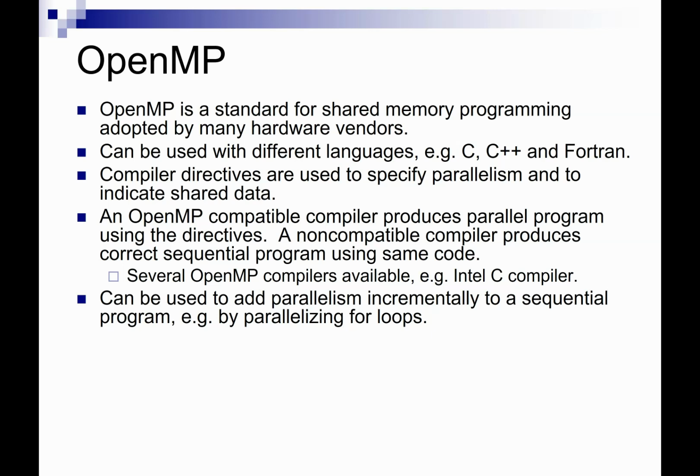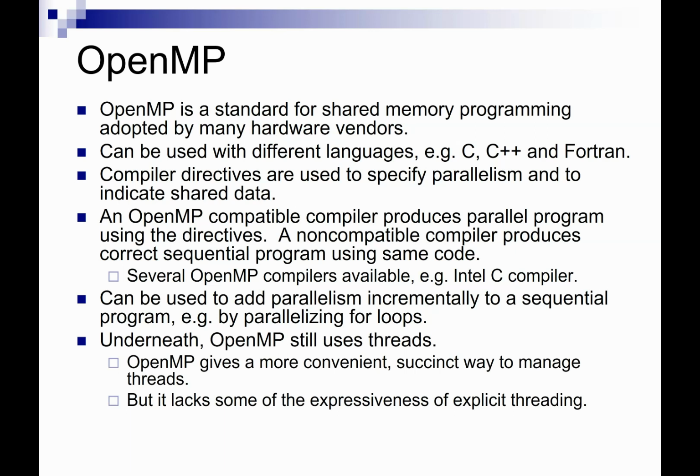So you can take certain parts of it and make those parallel to start out with. Maybe you can take some of the big loops and make those parallel. Then later on, you can add more parallelism as you get more time. So that's a nice way to transition a sequential program to a parallel program.